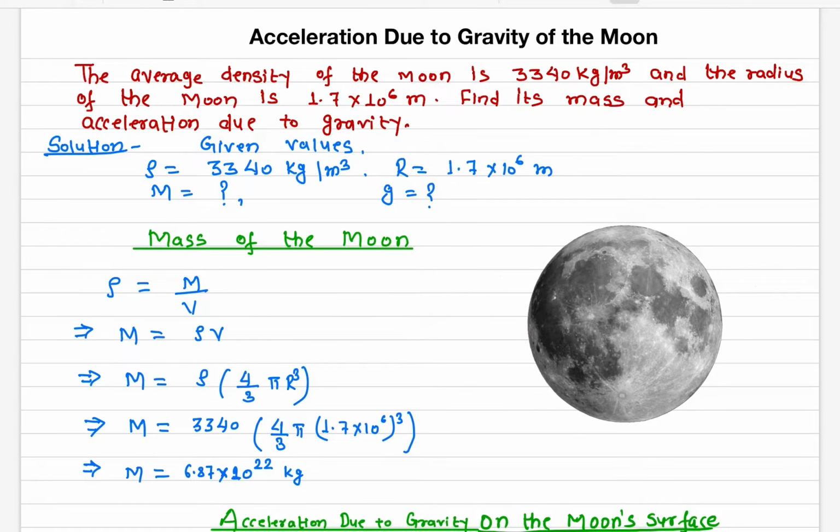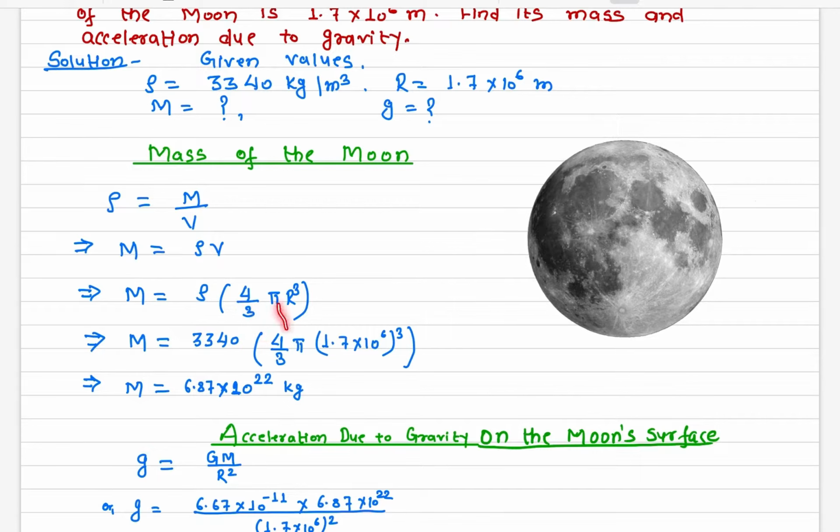Let's plug in all the values now. The density is given here, 3340, and 4 over 3 is a constant, pi is a constant, and the radius is given here. Once you plug in all the values, we find this is the mass of the moon.